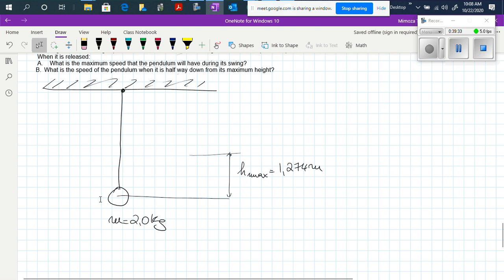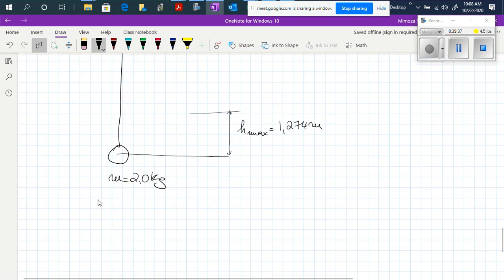So now this is where the object is. Now they are asking, what is the maximum speed that this object with mass 2 kilograms will have? We know from what we just said before that the maximum speed will be at the equilibrium, okay?